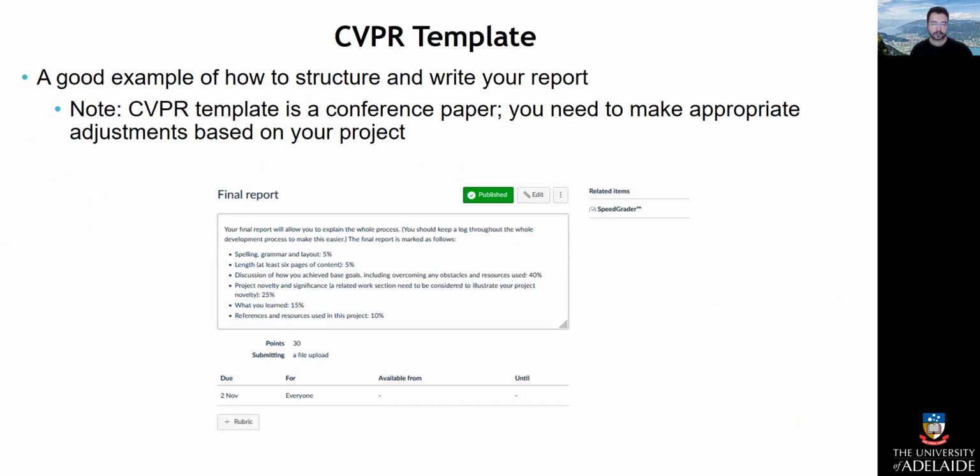So please check the assignments page for the report. If you haven't, there are specific marking criteria that you can see in terms of the length, at least 6 pages, spelling, grammar, and layout. If you follow those, basically the layout or structure that we talked about, very similar to a CVPR paper, and assuming that you have good content, you should be able to achieve these marks.